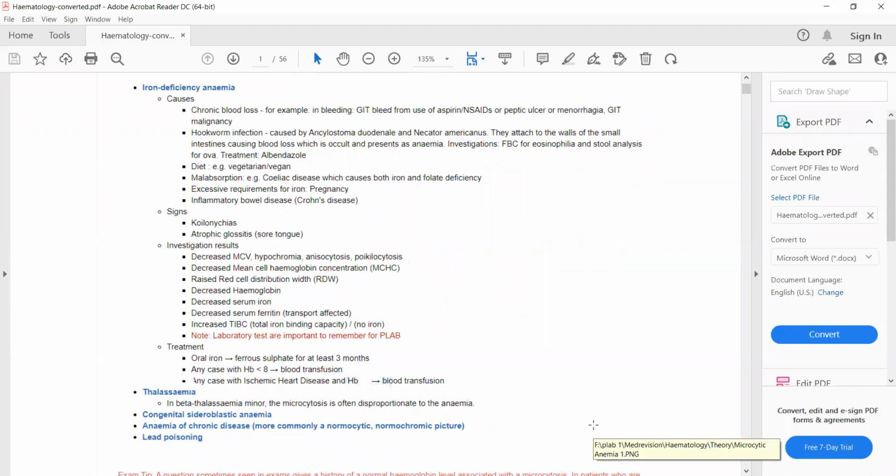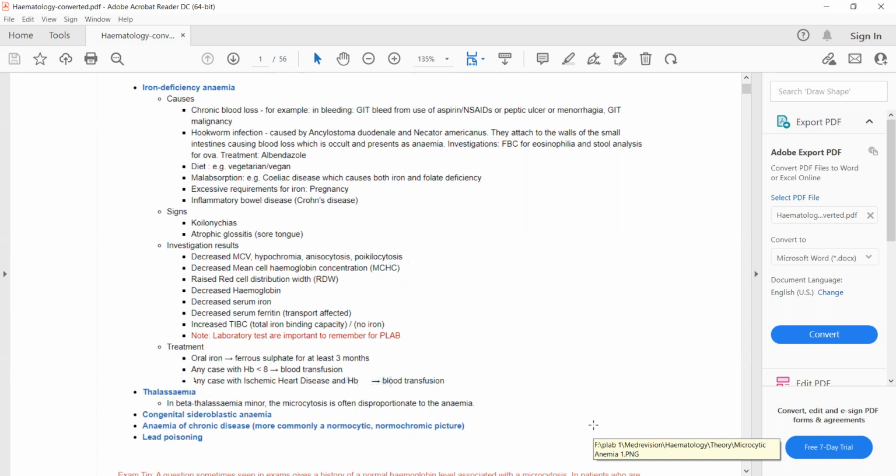So in females, menorrhagia, and in males and overall in general, someone with a history of aspirin or NSAID use, or history of a peptic ulcer, or history of a GIT malignancy, all of them can lead to a deficiency of iron and result in microcytic hypochromic anemia. So the first cause of iron deficiency is chronic blood loss.